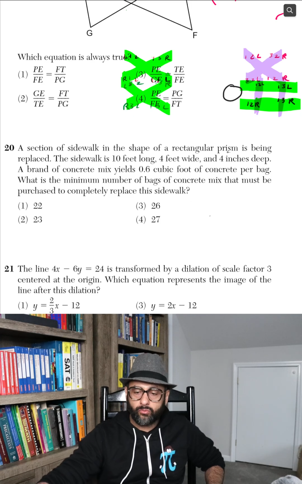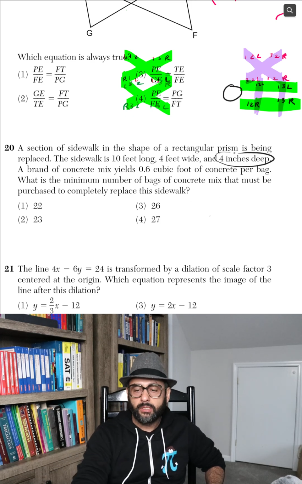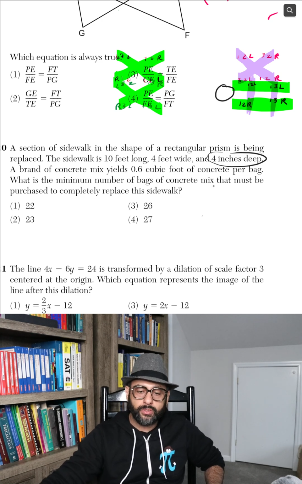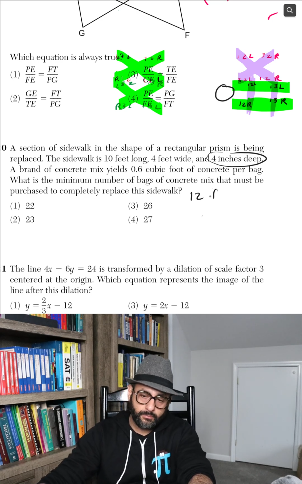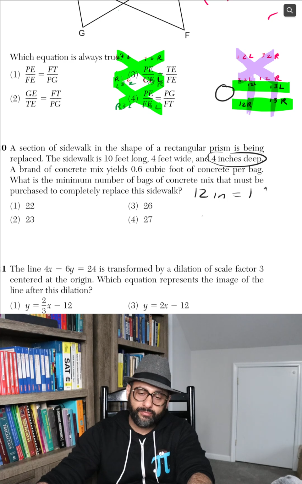But if I do the volume, now notice that this says 4 inches deep. So you do need to know that 12 inches is equal to 1 foot. So that 4 inches, which is a third of 12, is 1/3 of a foot.